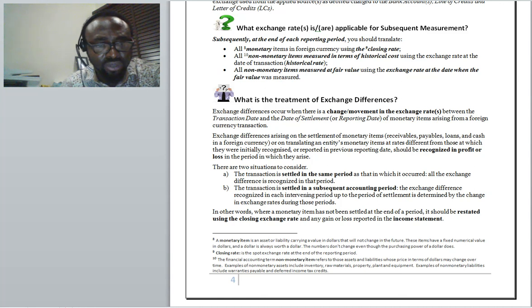But take note that my reporting date ends every 31st of December, which implies that as at the reporting date, those monetary balances have to be reported at the closing rate, or translated at the closing rate, which then implies that the exchange difference, be it a gain or loss, as at that spot, which represents the intervening period, is recognized, regardless of the fact that it is unrealized, and so far as it is attributable to monetary assets and liabilities, it is to be reported in profit or loss.